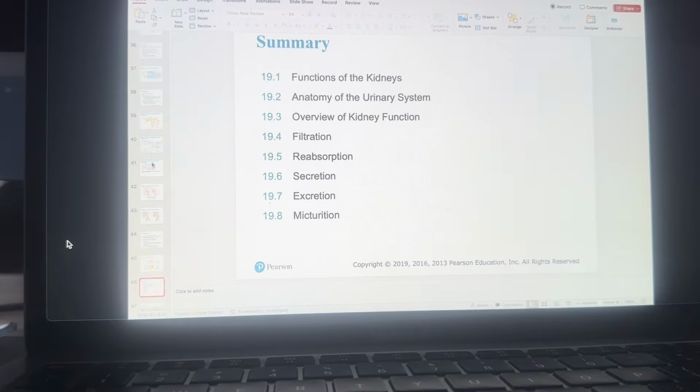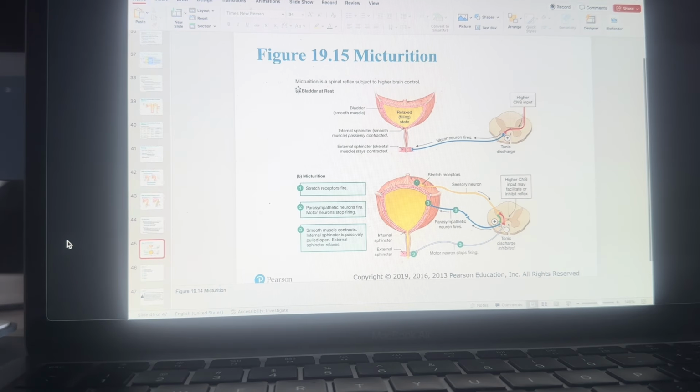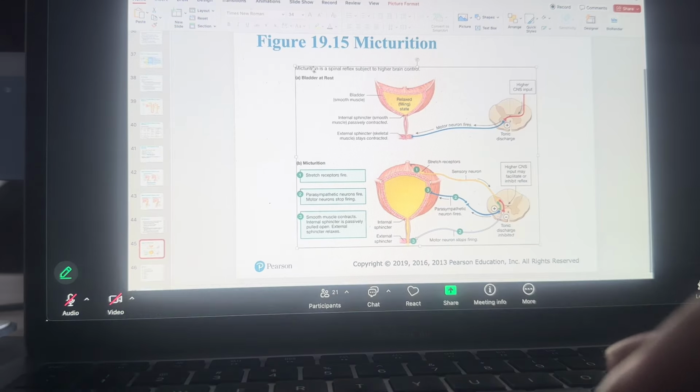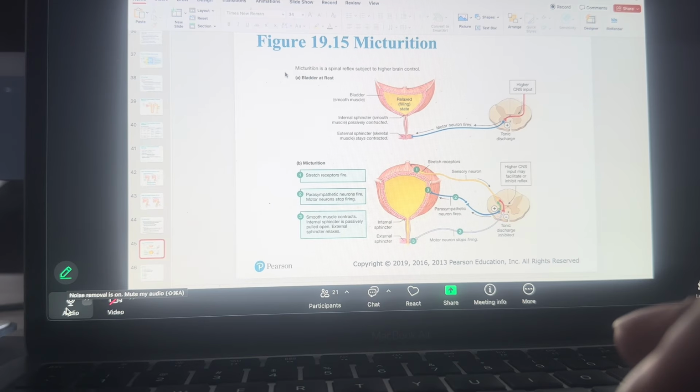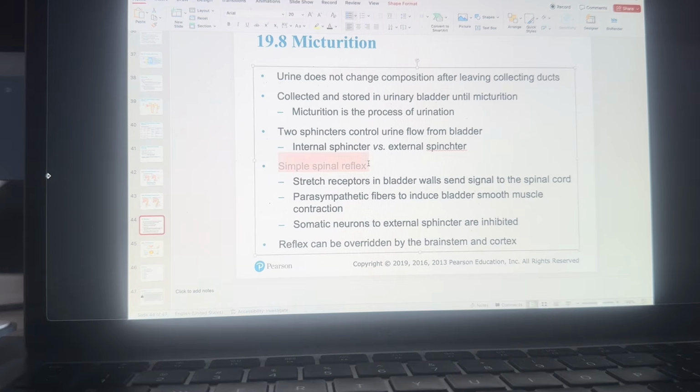I think that's all we went through. We did talk about micturition, the spinal reflex that controls micturition. We have two different types of neurological control. We have simple spinal reflexes, which just means you have stretch receptors and the autonomic control of your bladder.